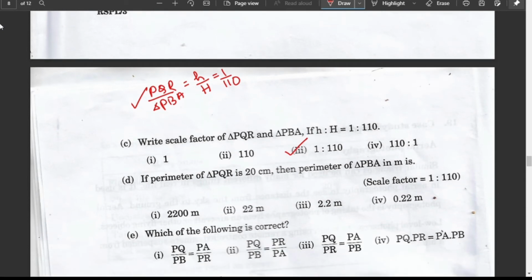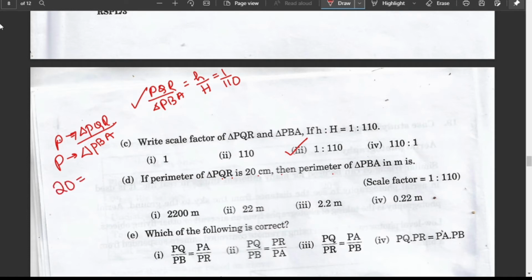Next question: if the perimeter of PQR is 20 centimeter, then find the perimeter of triangle PBA. So they are asking for perimeter divided by perimeter, and the perimeter of this one is given as 20.